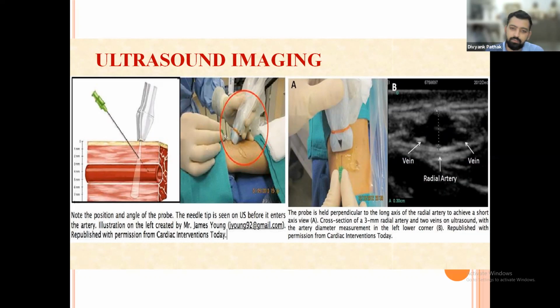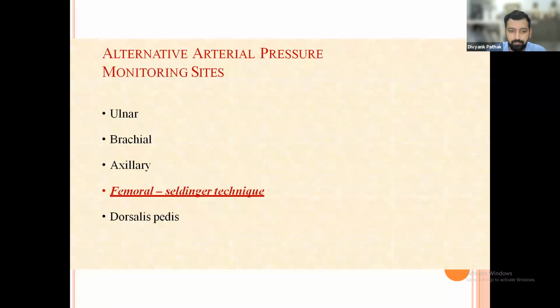So for confirmation, use ultrasonographic imaging to identify the artery. The artery is identified as a pulsating vessel, and you can use compression to identify it. The artery will not compress as easily as compared to veins.